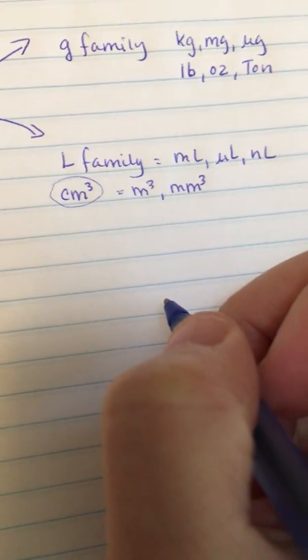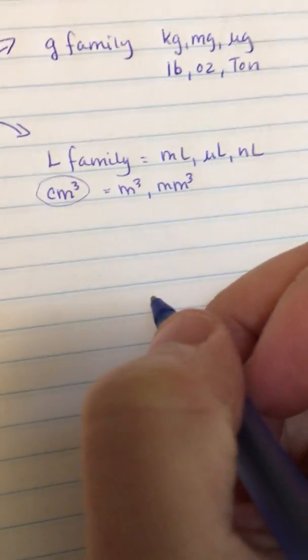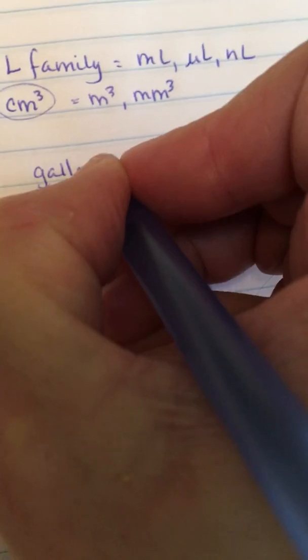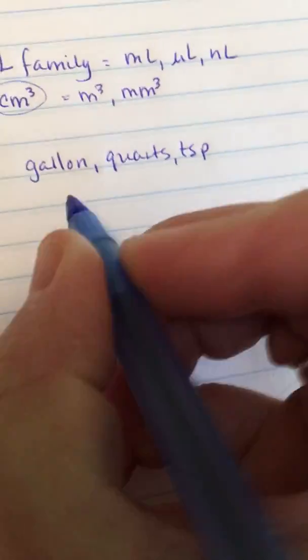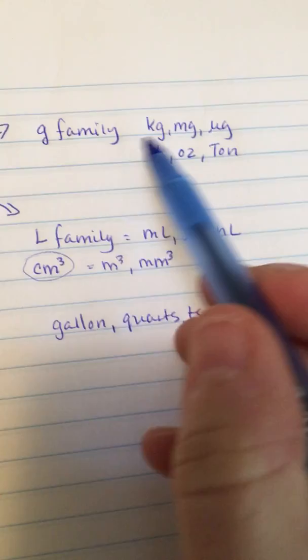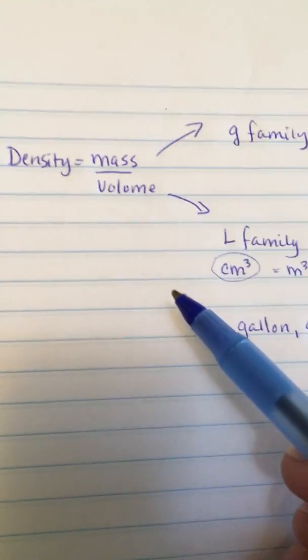So that would be meters cubed or millimeters cubed. Any of these length measurements that are cubed count as a volume. But then you also have the non-metric world, which would be gallons, quarts, pints, cups, teaspoons. Any of those would be considered non-metric units of volume. So if you see any of these things, they should indicate whether you're dealing with mass or volume.